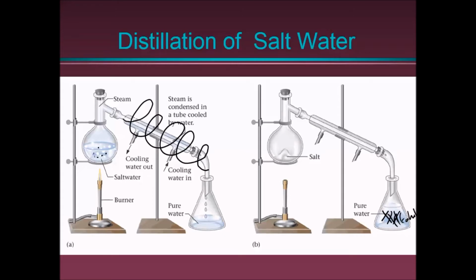Once you get to 100 degrees Celsius, water vapor begins to go up the round bottom flask, and the only place it can go down is through this tube within a tube. It's called a condenser. It is a tube within a tube, and on the outside, I can let water come in, and that nice cool water will flow around the inner tube, not touching anything that's inside.